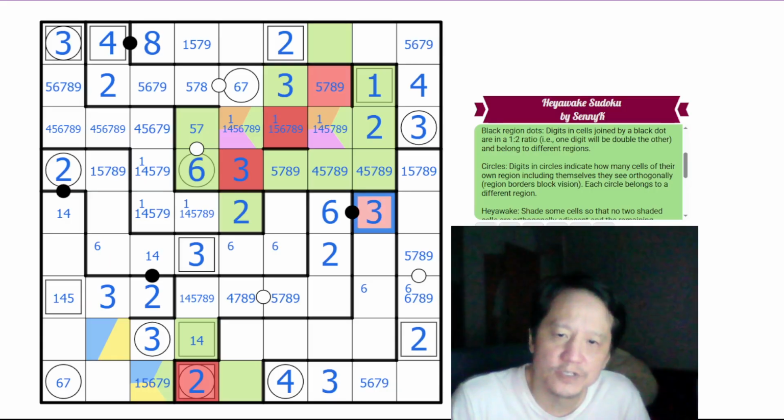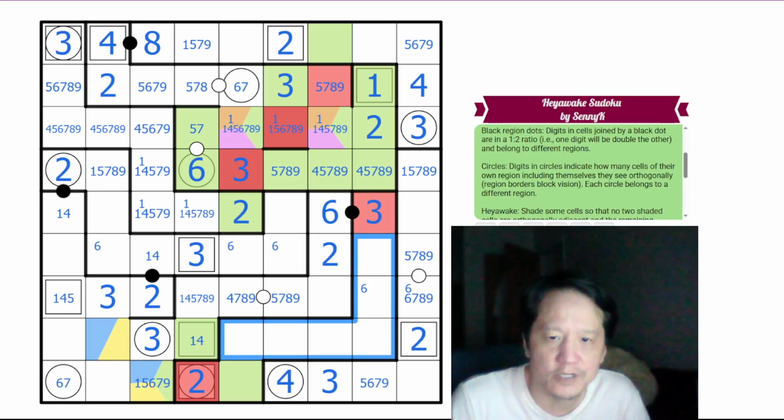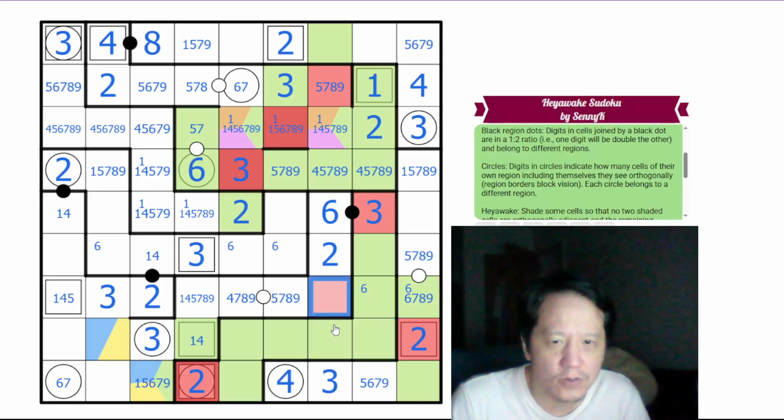What happens if this is shaded? If this is shaded, this is all unshaded. Which means this must be shaded here. This is unshaded. This is unshaded. So then this has to be shaded here. So these are unshaded. This has to be unshaded here. Unshaded here. This is 2, so this has to be shaded and shaded.